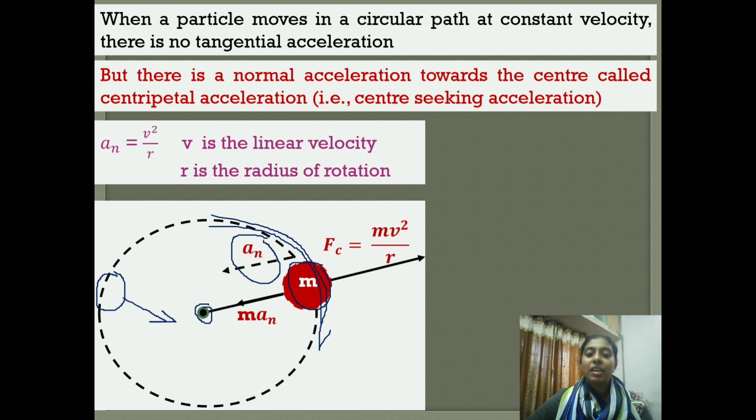M is the mass. This is mass into acceleration. Force is equal to mass into acceleration, and we know the normal acceleration is equal to v square by r. The centripetal force will act in the direction opposite to that of normal acceleration.